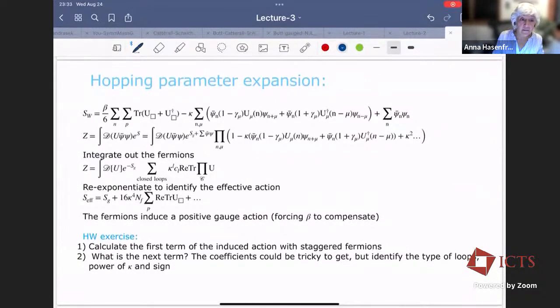I want to show it a little bit more explicitly because I'd like to use this on Tuesday. So let's take the Wilson fermion action. Here is kappa.